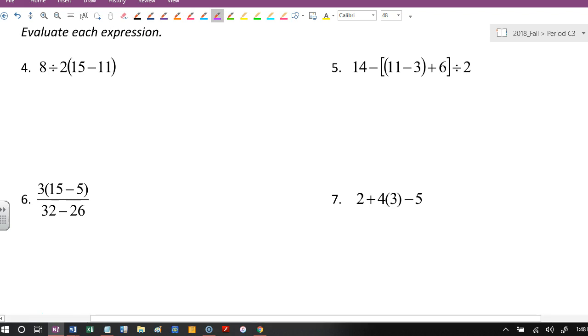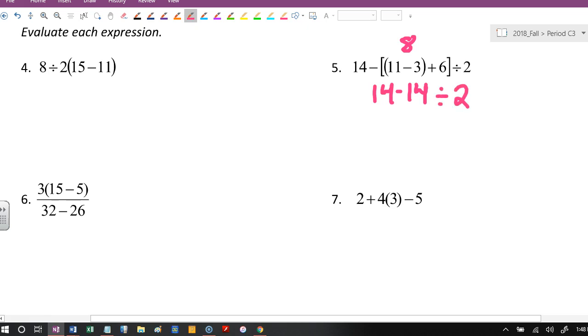So what did you do first? First you subtract 3 from 11. And you get 8. Then you take 8 and add it to 6, and you get 14. Good. So let me rewrite the problem: 14 minus 14 divided by 2.